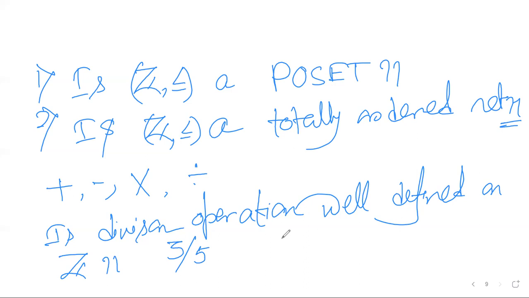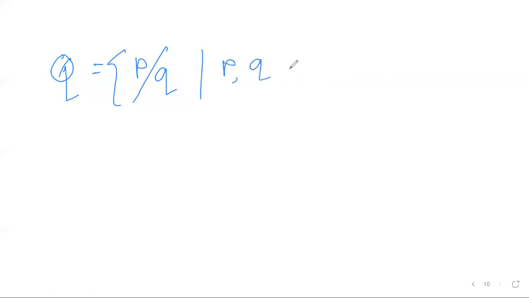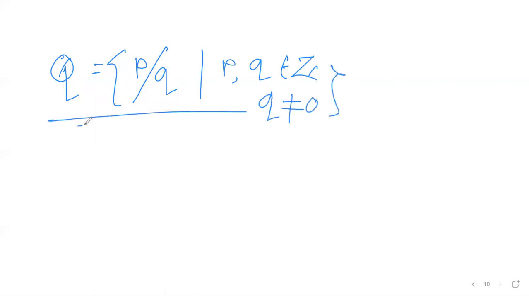Fine. So what is the set Q here? We know as a set Q is p over q, where p, q belong to Z and q is not equal to 0. This is my set Q. So I want to construct this set.